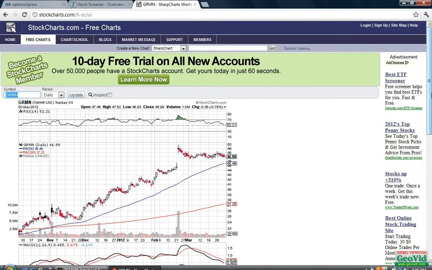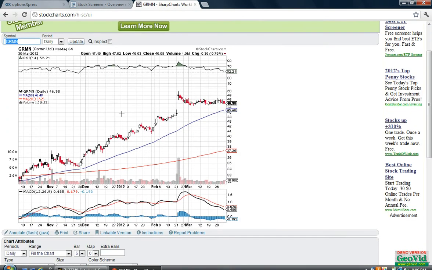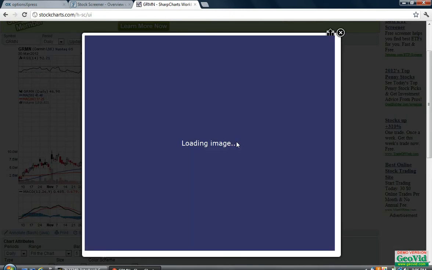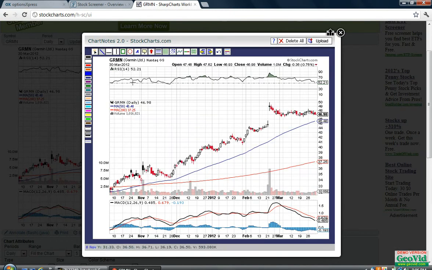We have right here a nice chart that is telling us how this particular company is behaving, from about October 10th, 2011 till now. Let's get a little bit deeper and see how this company is behaving.